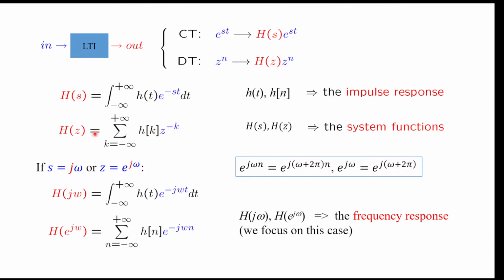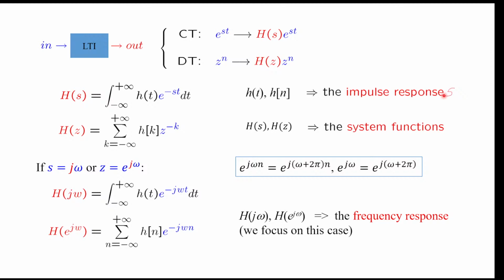And we can calculate big H of s and big H of z from our small h of t and small h of k, and that's not surprising, because those small h of t and small h of k are the impulse responses, and we said they totally characterize your LTI system.